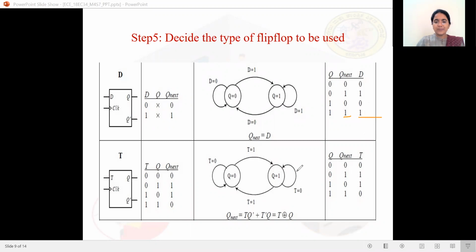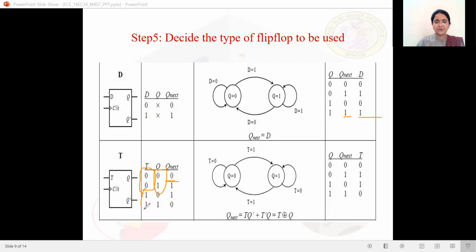Then for the T flip-flop, the output is an XOR operation, that is T XOR Q. We know that whenever we provide input 0 for the T flip-flop, whatever present state is there, it remains the same.